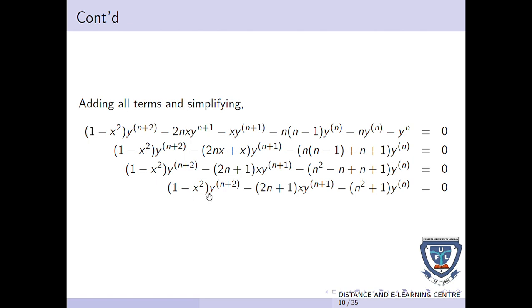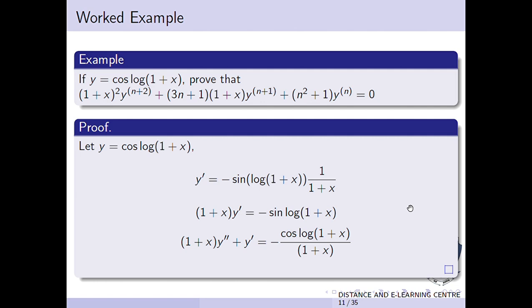Then you're going to arrive at the answer below, which is 1 minus x squared y raised to power n plus 2, minus 2n plus 1 xy raised to power n plus 1, minus n squared plus 1 y raised to power n equal to 0, which means that we have shown from the beginning that the question given is correct. And let's still take some worked examples.